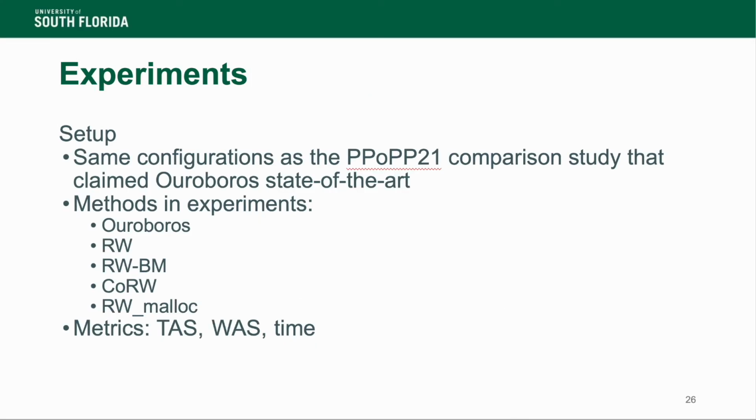So let's talk about experiments. So we perform experiments to compare our methods with Ouroboros, which is the state-of-the-art memory allocator. In all experiments, we configure both Ouroboros and our systems to have a total of 8 gigabytes in memory pool and to serve the maximum request size of 8 kilobytes.